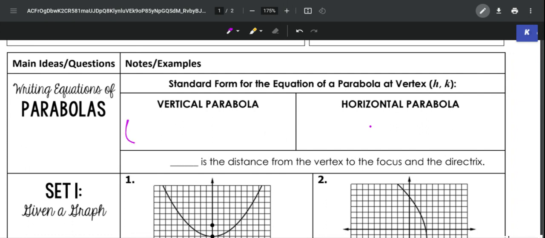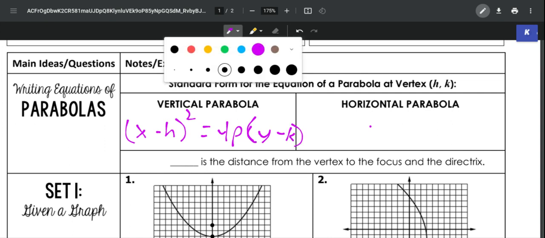standard form equation. It is x minus h squared equal to 4p times y minus k.